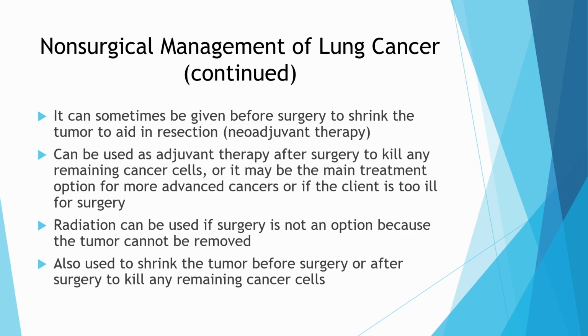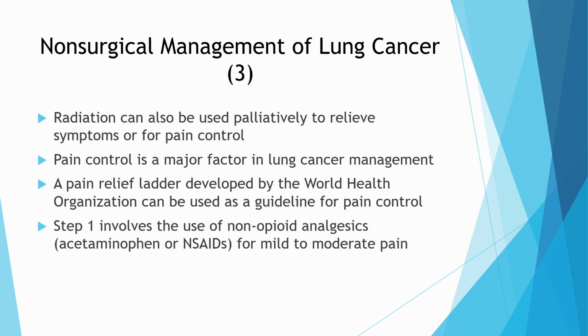Radiation can be used if surgery is not an option because the tumor cannot be removed. Radiation also can be used to shrink the tumor before surgery or after surgery to kill any remaining cancer cells. Radiation can also be used palliatively to relieve symptoms or for pain control.